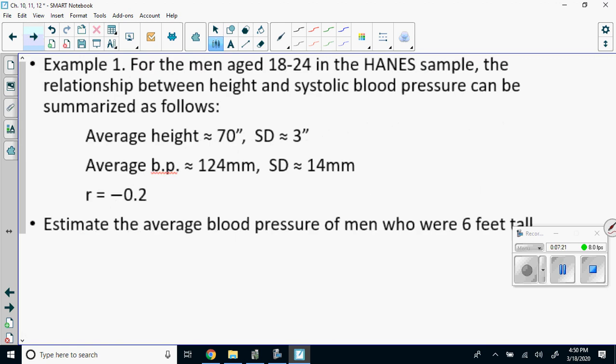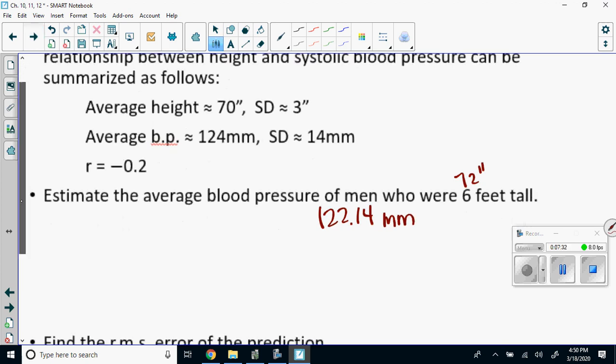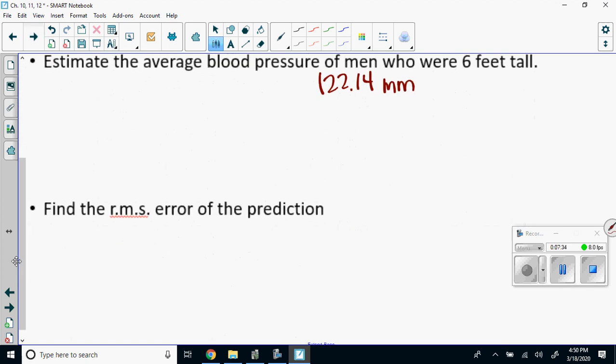So this is the same question where we estimate for a 72-inch tall man, we got that 122.14. Now I want to know how much we would expect it to be off by. So the RMS error or the expected residual.